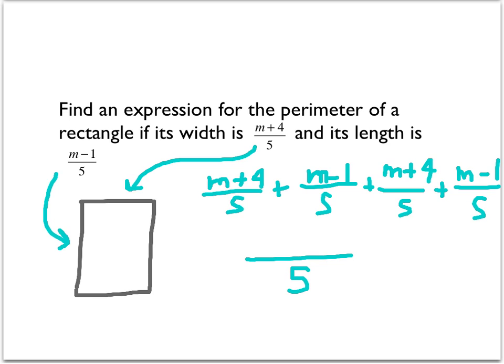And then let's think about my numerators. Can I combine anything there? Well, I think I can, because there's a 1m and a 1m and a 1m and a 1m. So when I combine all those together, I get 4m. And here's some numbers: 4, negative 1, 4, negative 1. Well, if I add those together, 4 minus 1 is 3, 3 plus 4 is 7, 7 minus 1 is 6, and it's positive 6. So my final answer then actually becomes 4m plus 6 over 5.